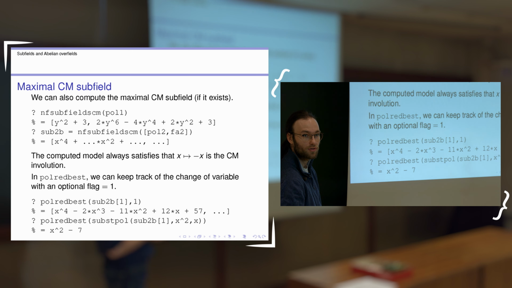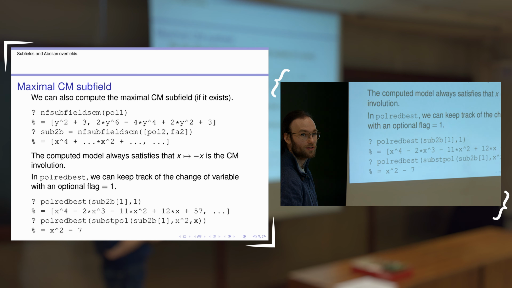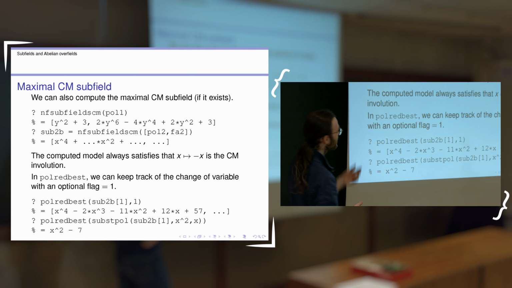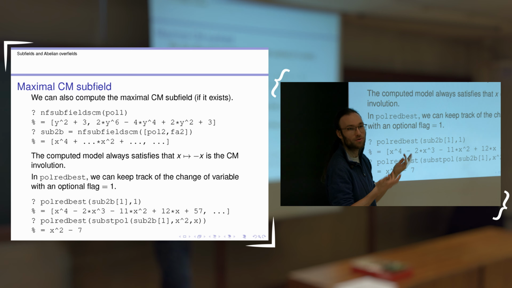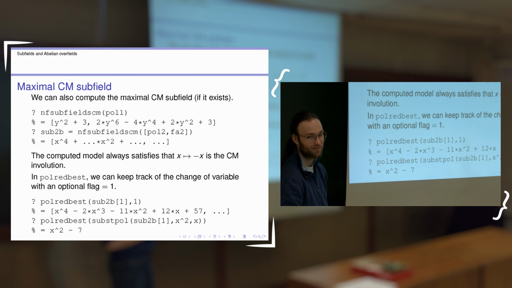Is it going to be faster? No, I mean, you can test if the number field is CM quite easily. Which method would you use for that? Basically, this will do what you're thinking. It's not really simple.